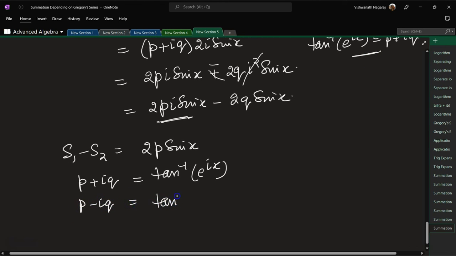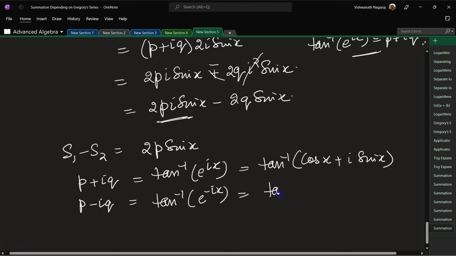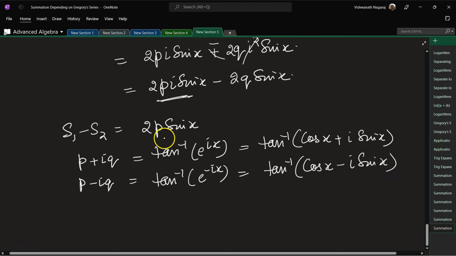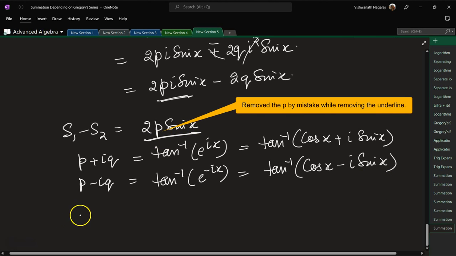That would be tan inverse of e to the power of minus ix. This can be written as tan inverse of cos x plus i sine x, and this would be equal to tan inverse of cos x minus i sine x.